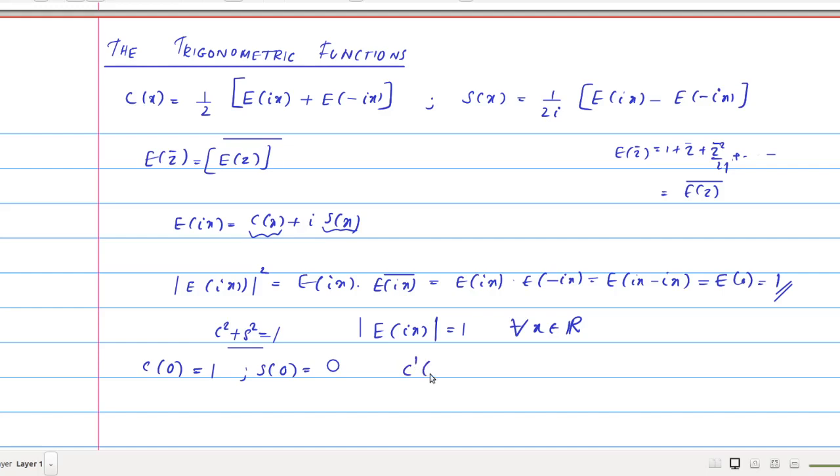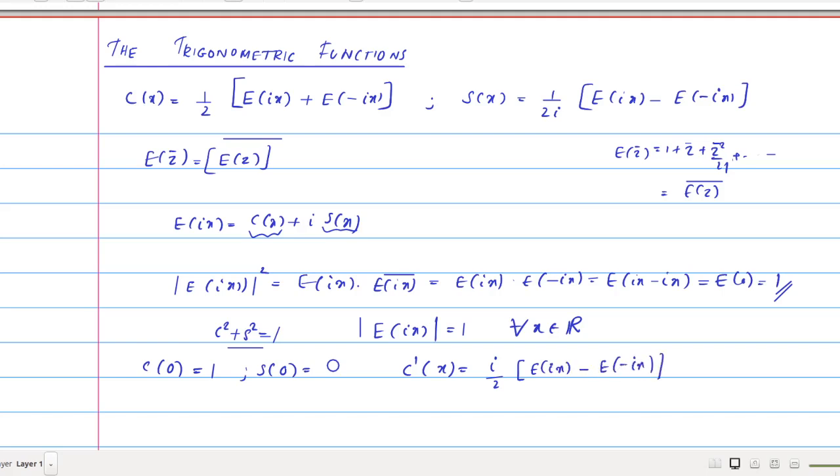And what is c dash x, the derivative of this? When you differentiate, we have i times e of ix and minus i times e of minus ix. Then you can take i out, and by rationalizing, first we write i times i by 2 times e of ix minus e of minus ix.